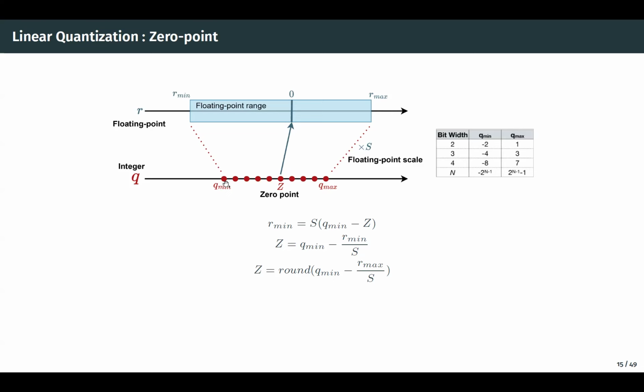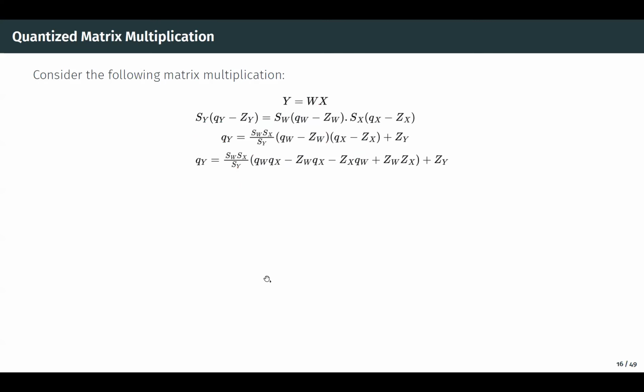So Q minimum will be using this side of the domain. You subtract R minimum or maximum divided by the scale. To make it more sensible, let's consider a matrix multiplication, which is the common operation in convolutional neural networks.